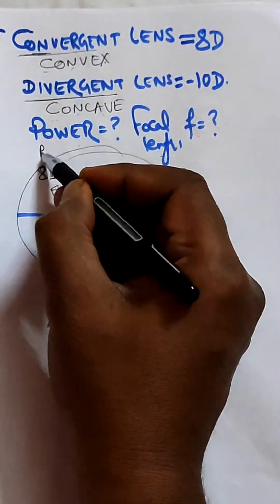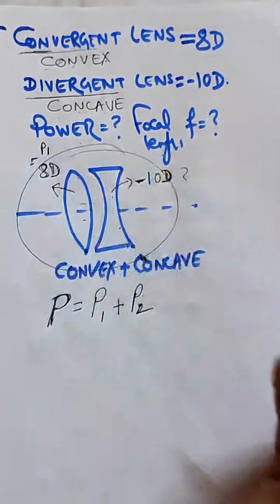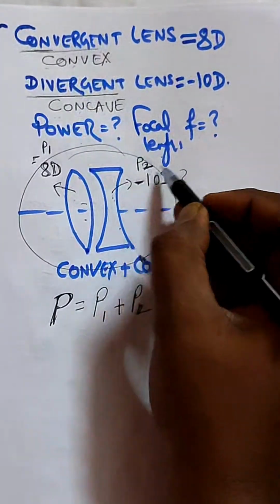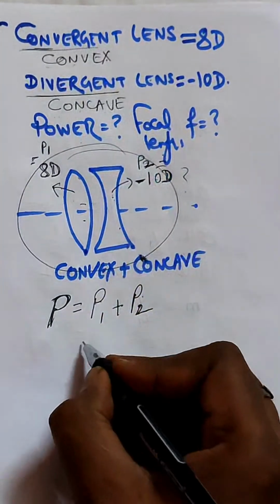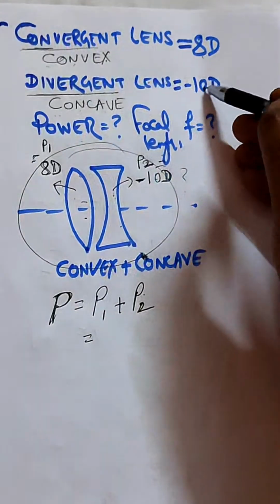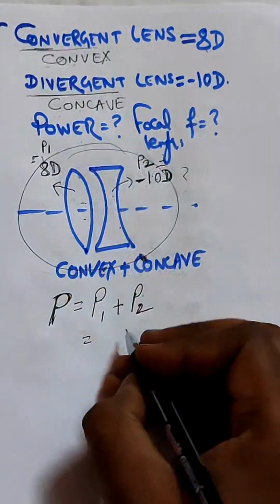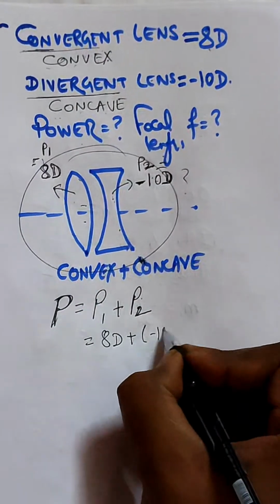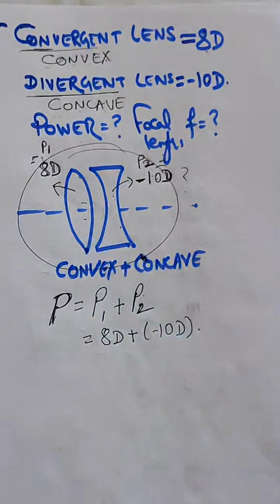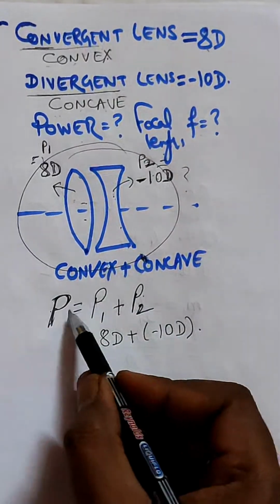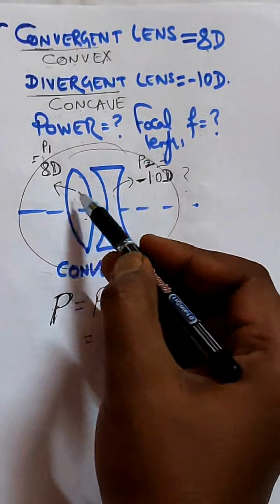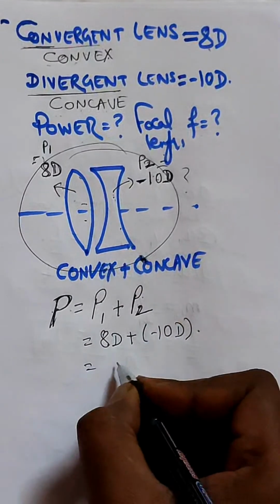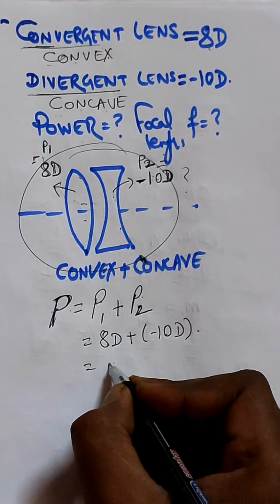If 8D is the value of P1 and minus 10D is the value of P2, then P will be equal to 8D plus minus 10D. 8 minus 10 is minus 2D.